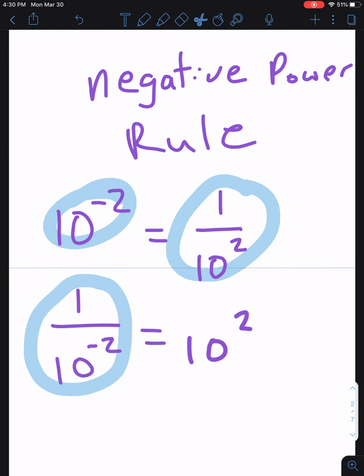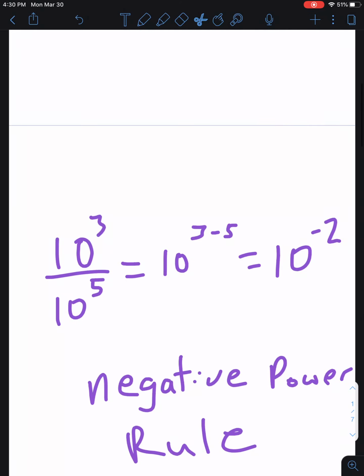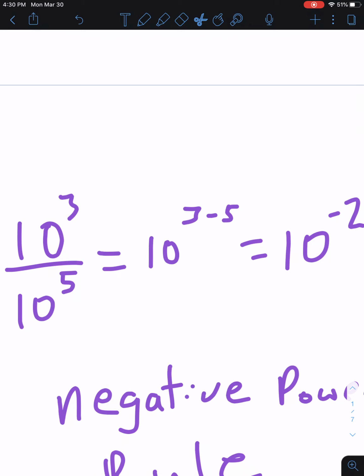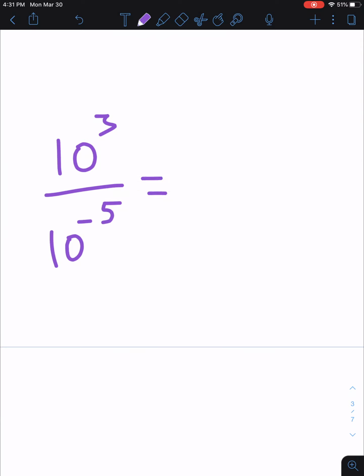All right, so let's try a few of these out. Like we learned up here, sometimes we'll have to use this negative power rule after using a different rule. Let's say, for example, we have 10 to the third over 10 to the negative fifth. There's two things we can do here. We can either use the quotient rule because we are dividing two powers with the same base, or we can just use the negative power rule right here.